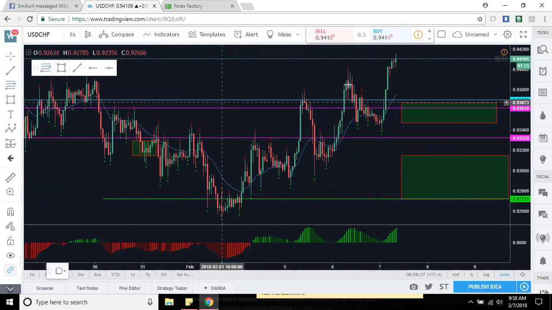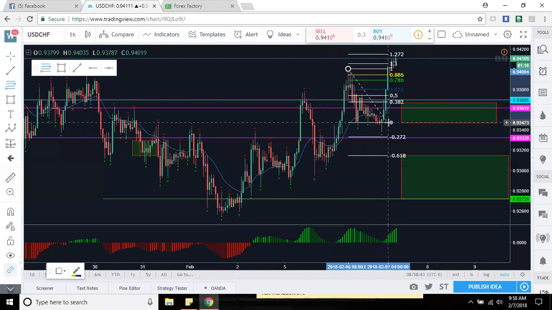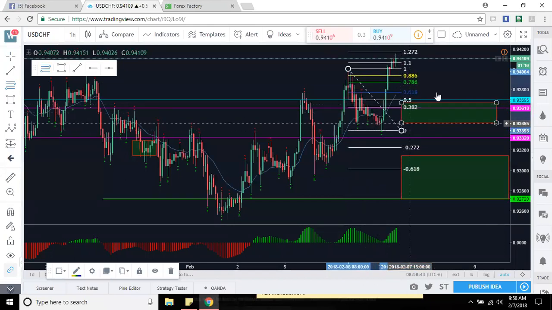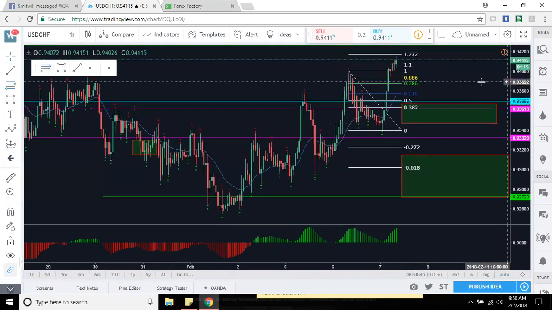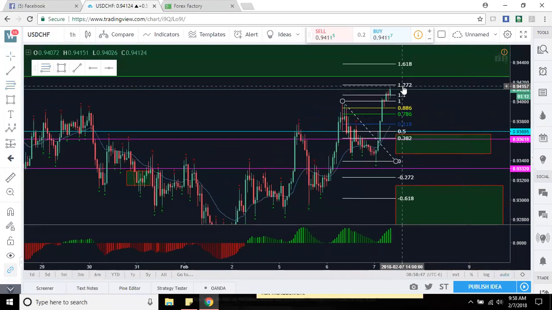All right, another thing I like to do is use the extensions. So let's say you see this retracement, right? That's completed. The 1.272 and then the 1.618 are your extension levels. What I mean by extension levels is they're the extension or one-to-one move from this to here, basically.